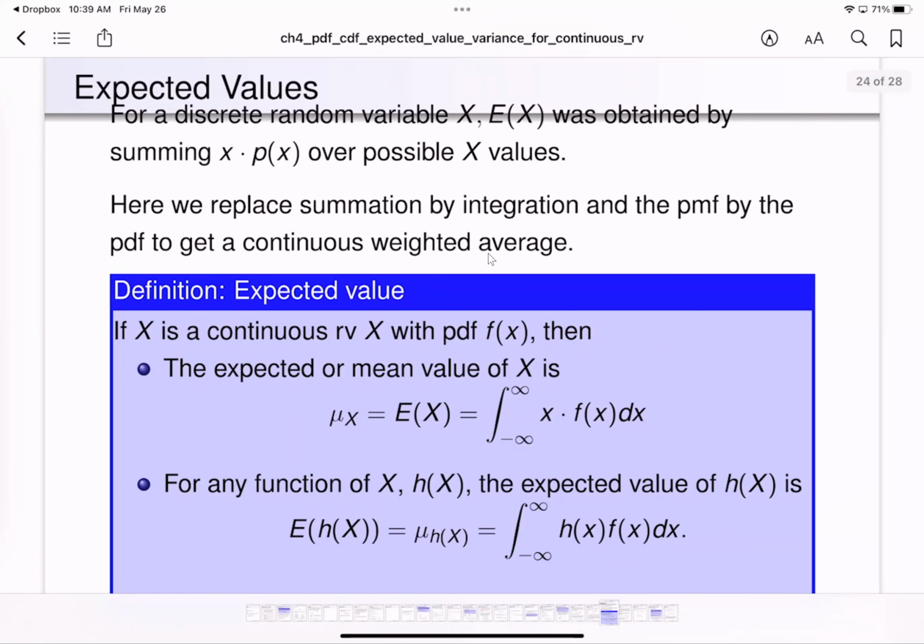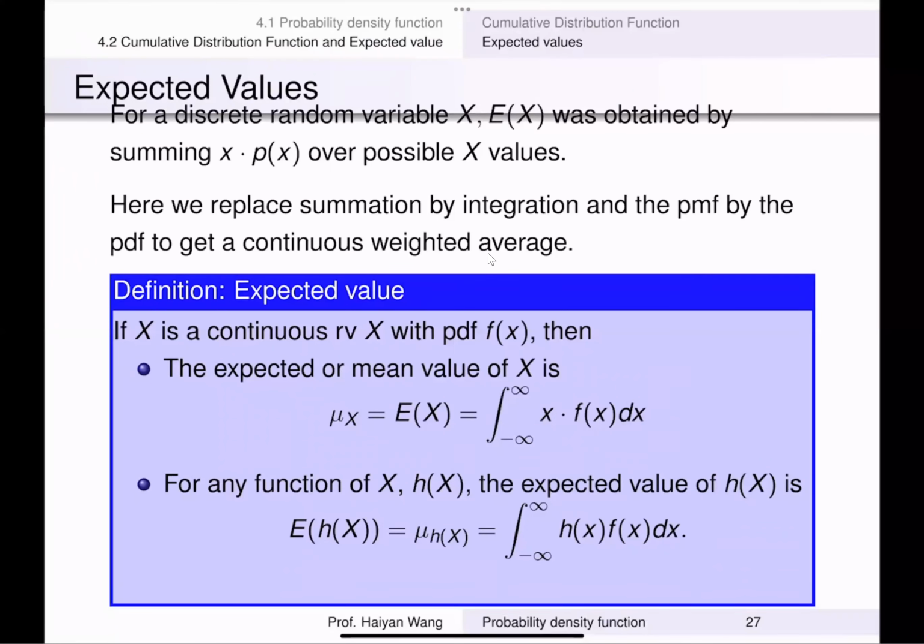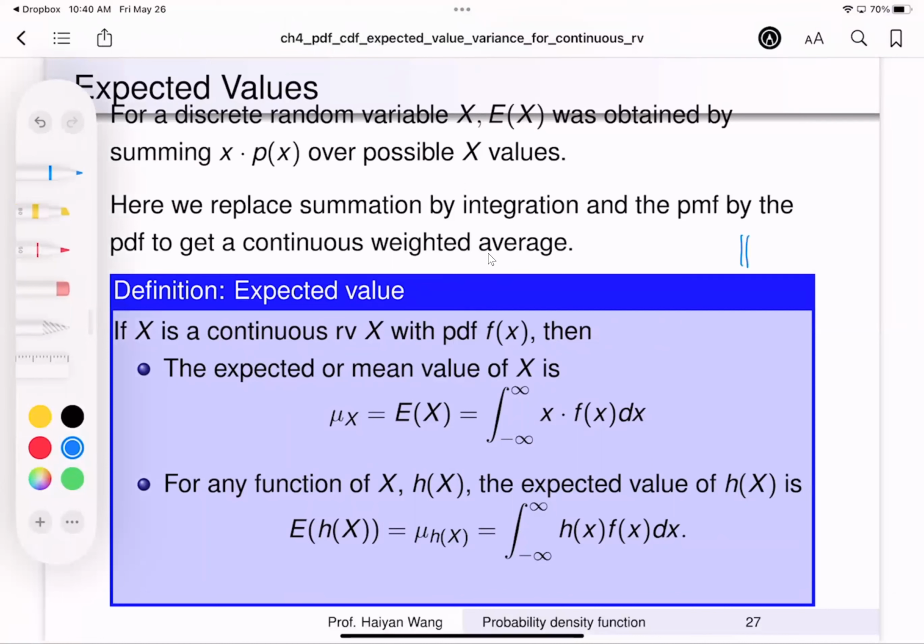If you imagine drawing a very small interval around x, the height of that in the density curve would give us roughly the density function. So if you consider x multiplied by f of x, you are basically using the PDF as the weight assigned to x.